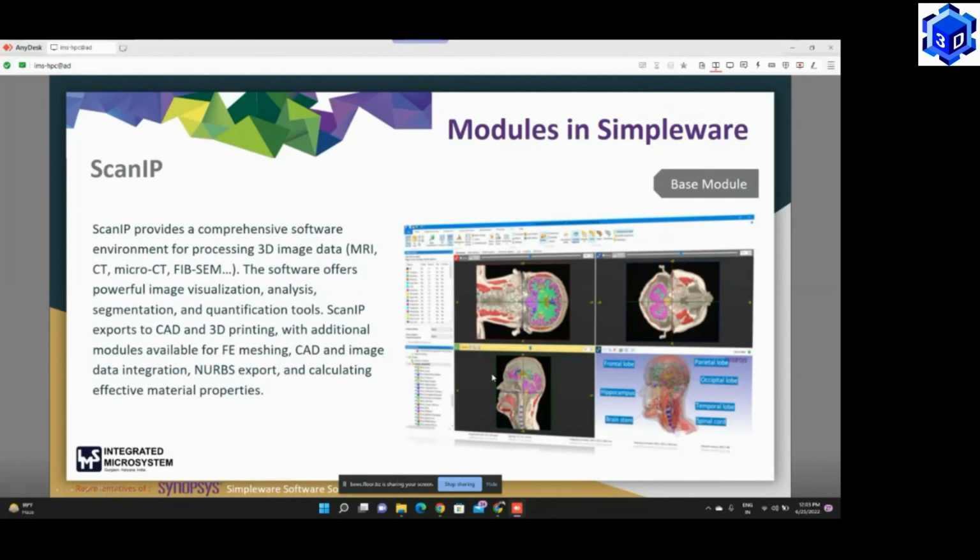Scan IP is the GUI of the software. It offers you all the tools related to segmentation, printing, and post-processing. All these tools are inside the Scan IP module, and you have the flexibility to import multiple images from different medical devices. If you have images from MRI or CT scan, DICOM or 4D DICOM, all these kinds of images can be easily imported.